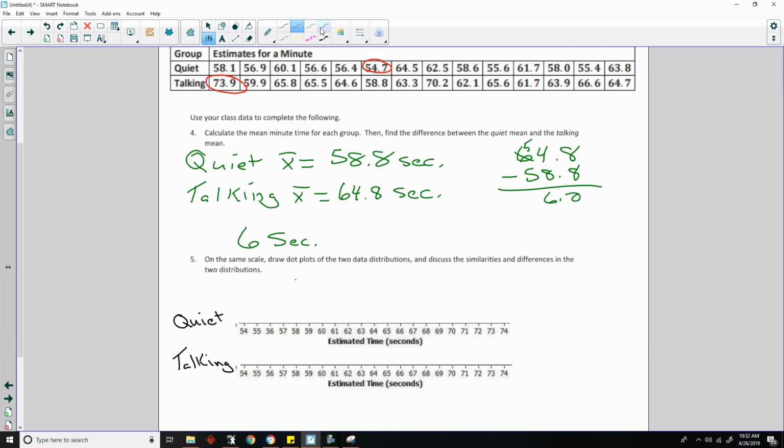Maybe a ruler would help you if you didn't have an opportunity to do this here. So 58.1 would be right here. 56.9 would be just before 57. 60.1 right there. 56.6. Okay, you get the idea.